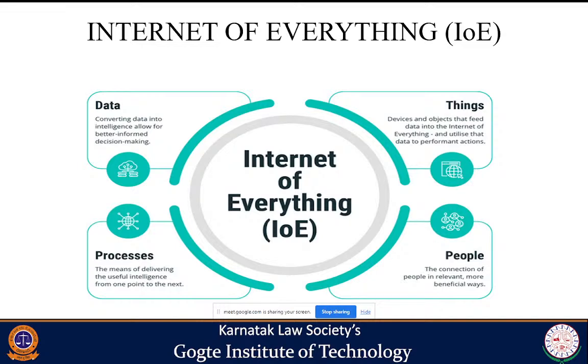So as you can see, it works in a loop: people, process, data, things, again to people, process, data, things. So this is an endless loop, and it works beneficially and gives more effective results than the physical IoT devices.